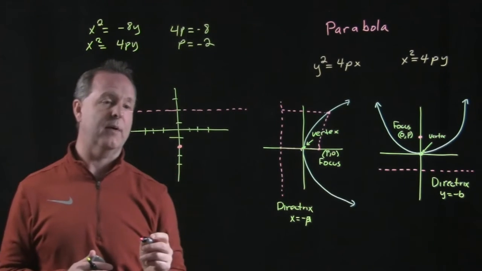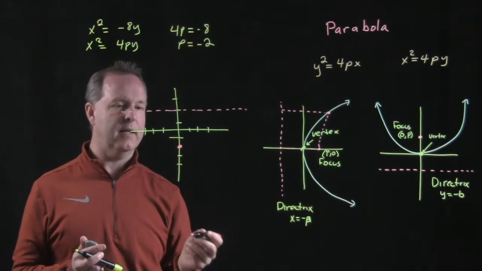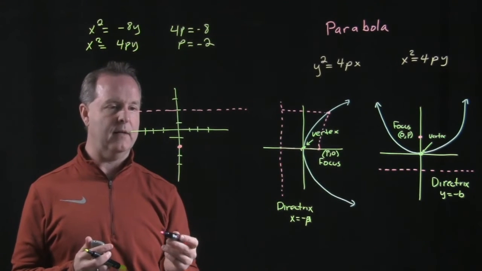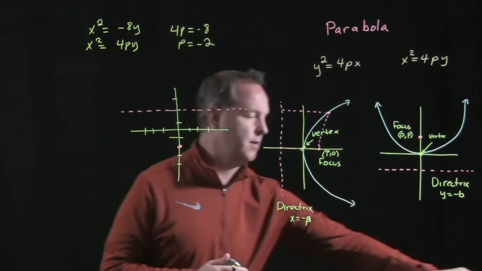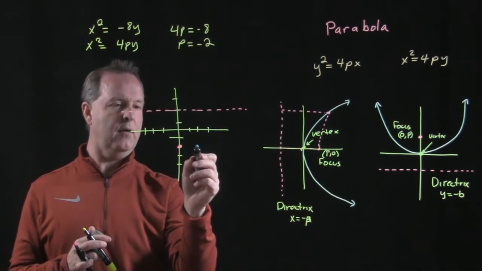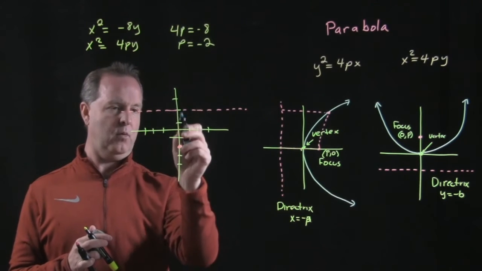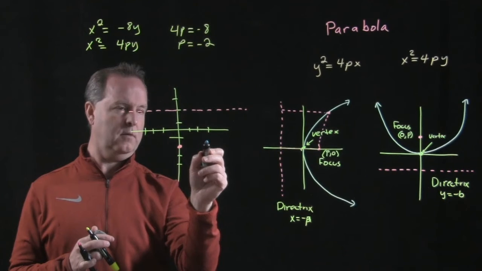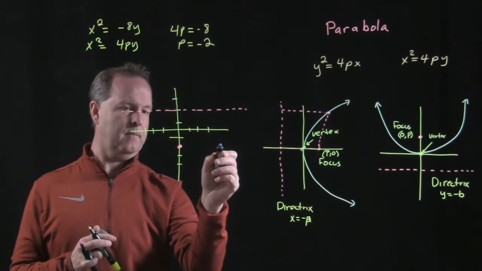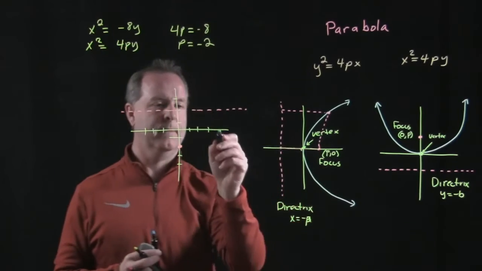So I have a directrix right there. And then I could look at some other points that I know will be on the curve for sure. This point over here, over 2 units. Well, let's see where those points are. That's 4 away, up 4. Let's put one more tick mark on there.